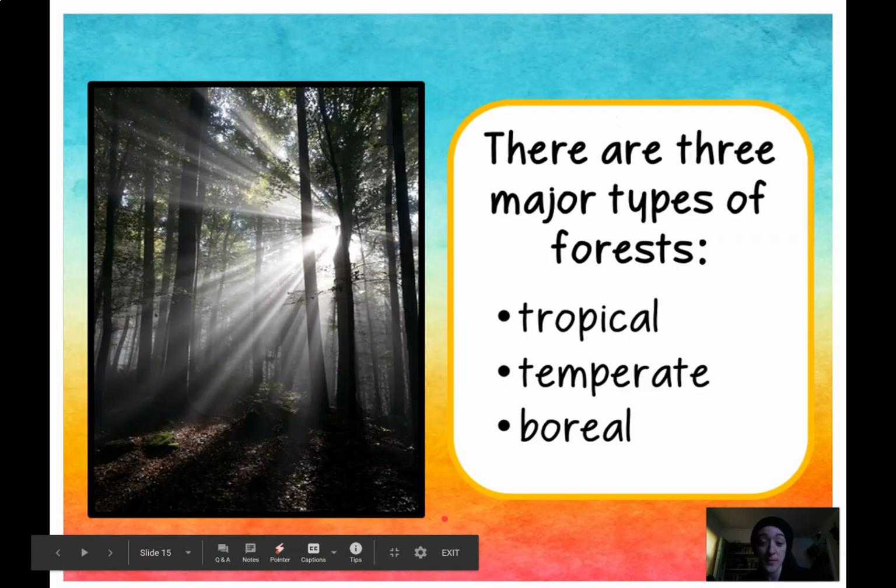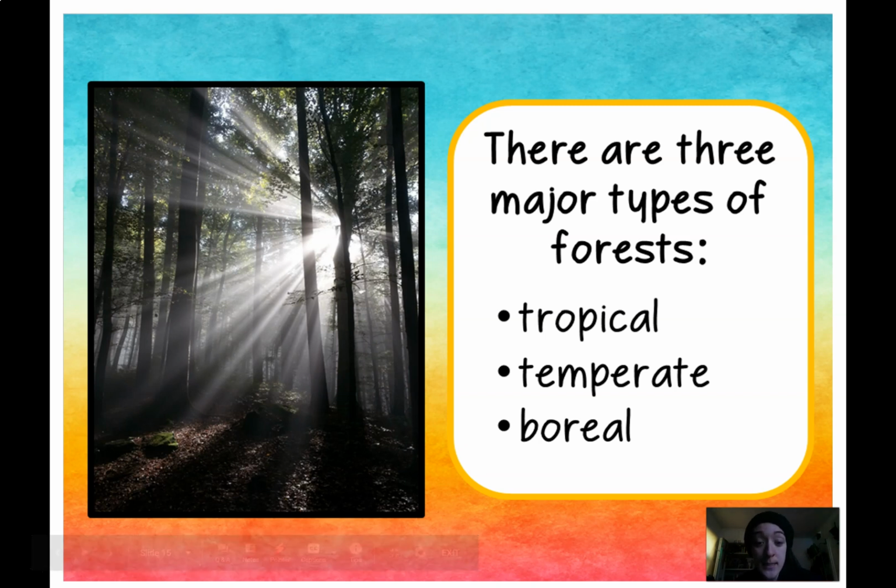So 3 major types of forests that we'll learn about in these coming weeks are tropical, temperate, and boreal, right? So you can think of these as kind of hot, medium, and cold. The tropical forests are the hot rainforests that are centered around the equator.